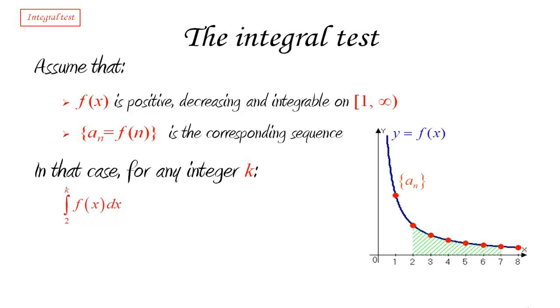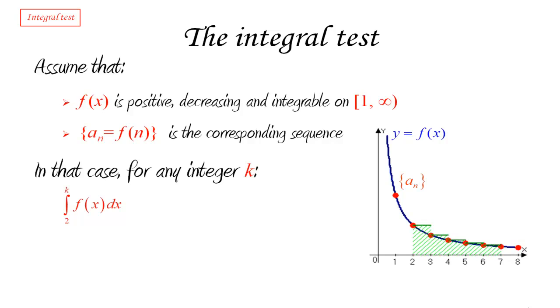Well, if we look at these rectangles, which are a little bit above the curve, what are they? The area of the first rectangle, the one between 2 and 3, has base 1 and height equal to a2, right? The next one also has base 1 and the height is going to be a3, and so on up to a6.